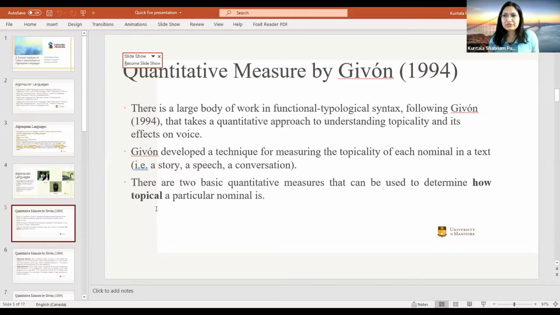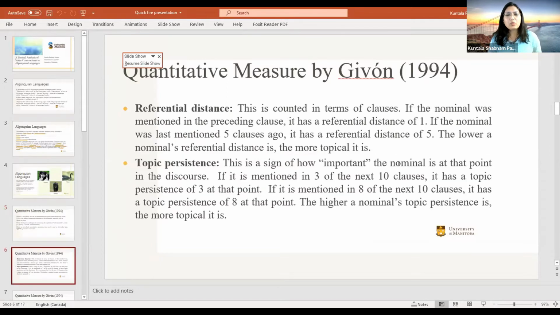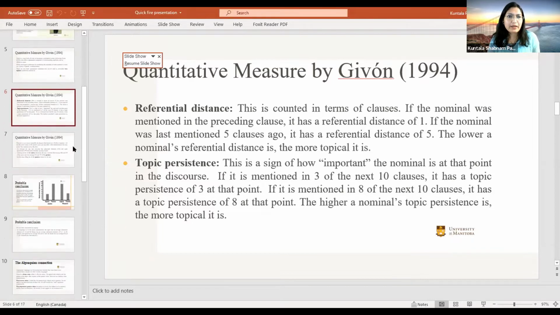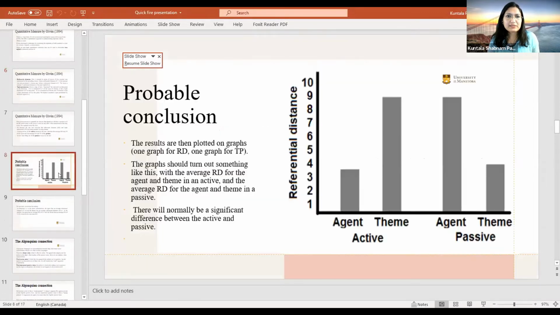So from Givon's measurement, there are actually two basic quantitative measures. One is referential distance, the other one is topic persistence. If needed, I can elaborate on it later in the question answer session because I have a time constraint. And this is the graph of our probable conclusion. This is just the probable.